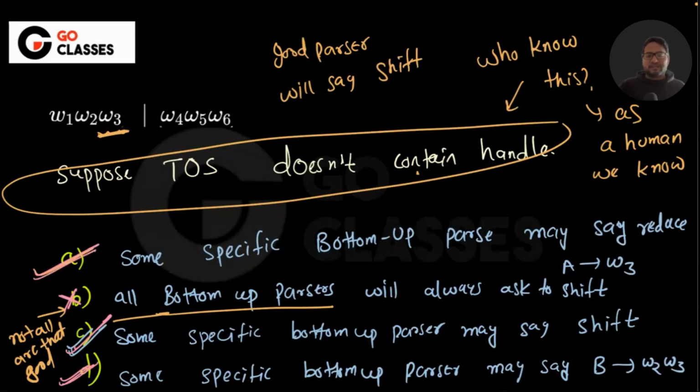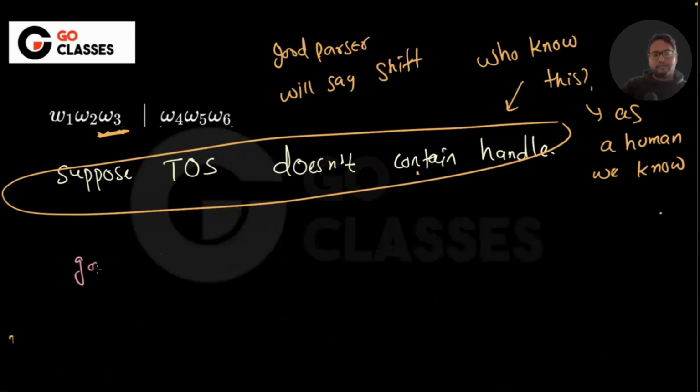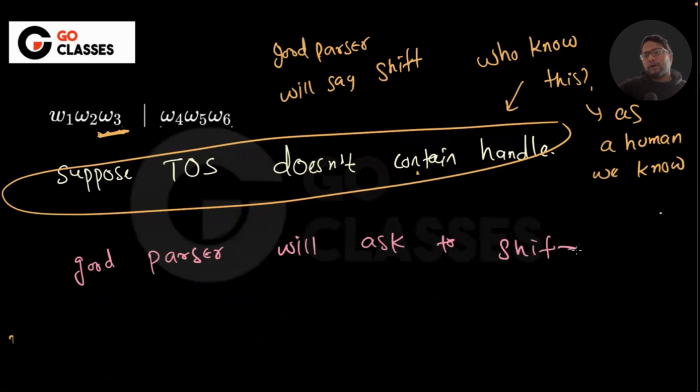So see, in this case, what will happen? A good parser will ask to shift. What can the bad parser do? It will get confused actually.